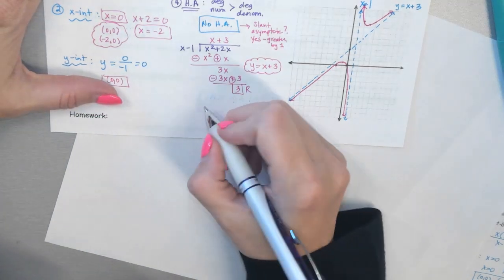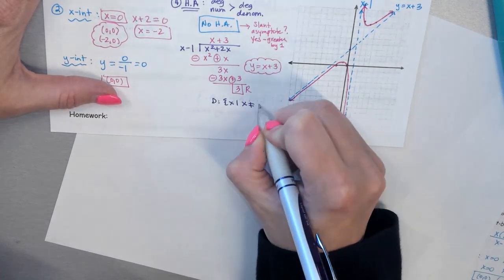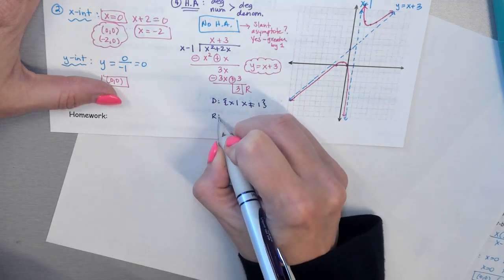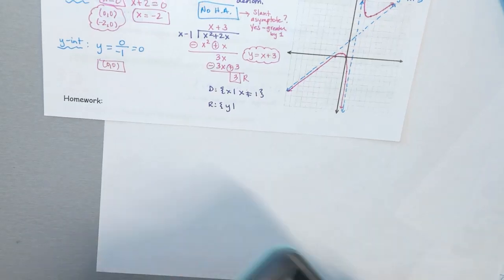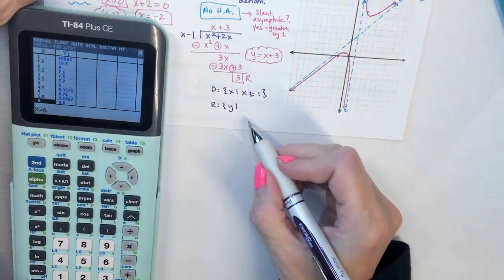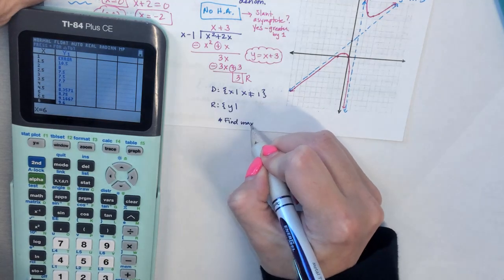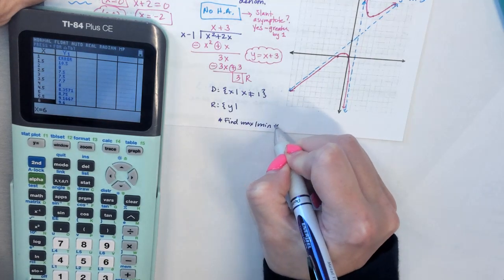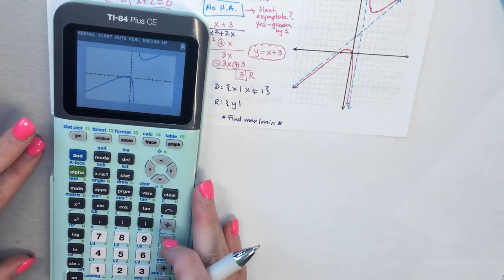So for your domain, it's x such that x cannot be 1. That is your vertical asymptote. Okay, and then based on our situation here, we have to find the max and the min.